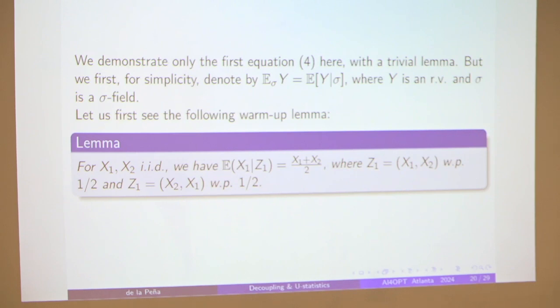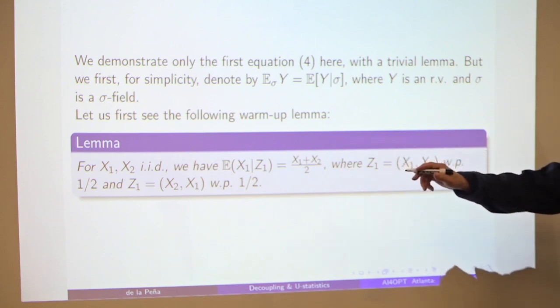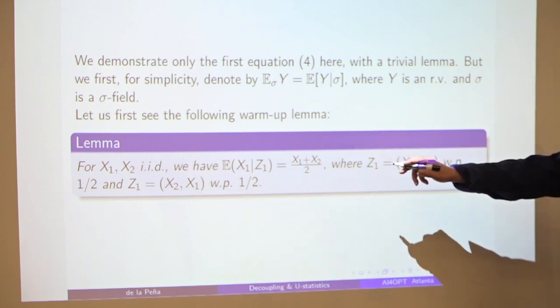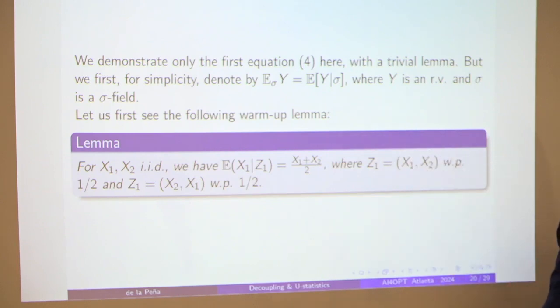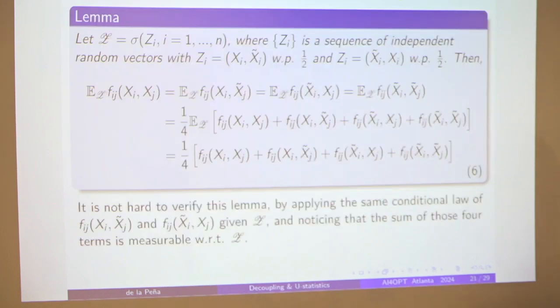Now, this is just a complicated version of it, but it is needed to extend this lemma to the case of functions of two variables. So let's show how to extend it.